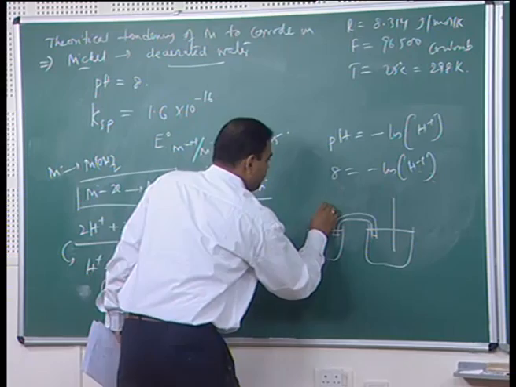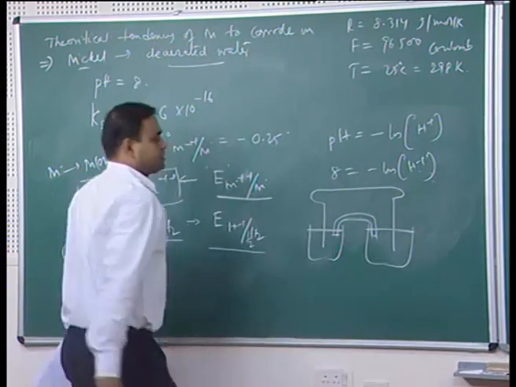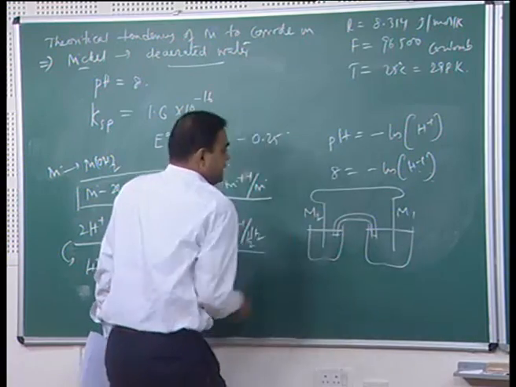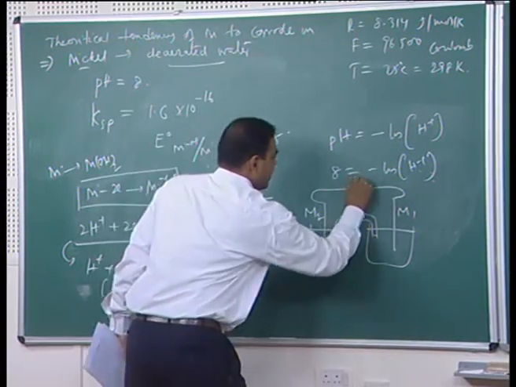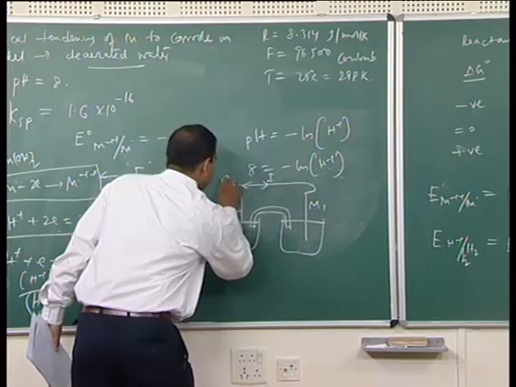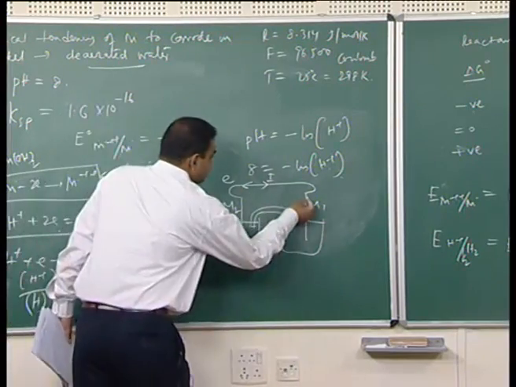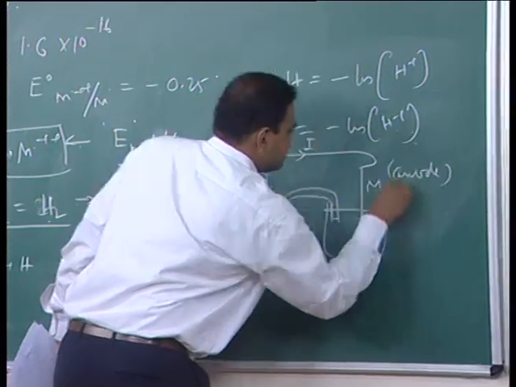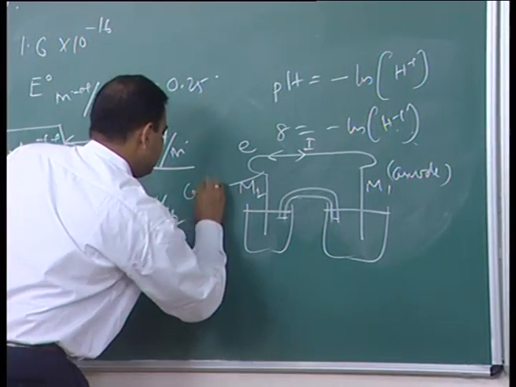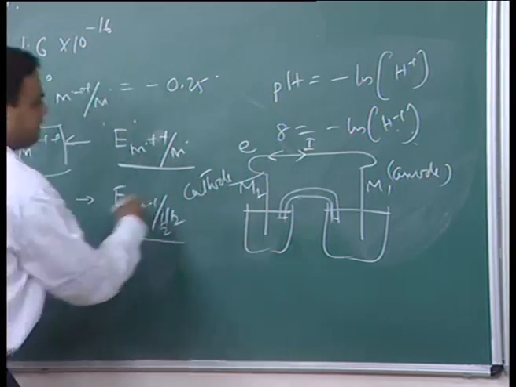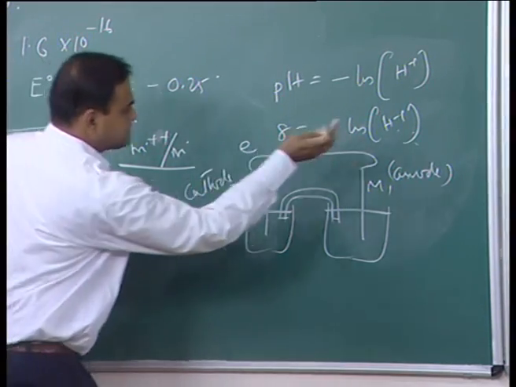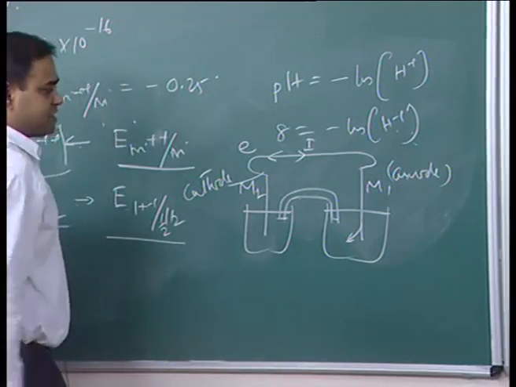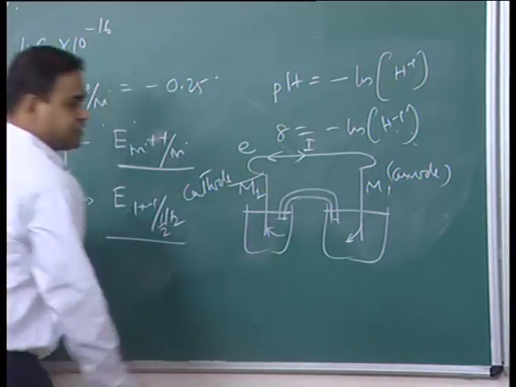To find out which direction the current will flow, this is M1, this is M2. If current I flows in this direction, the electron flow is in this direction, so this side would be anode and this side would be cathode. Oxidation takes place here, and reduction takes place here.